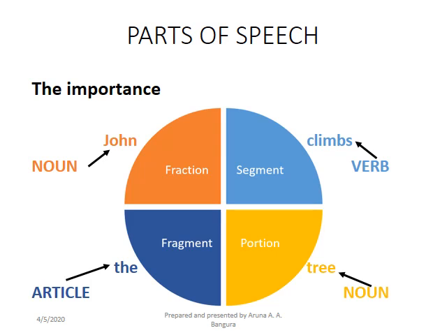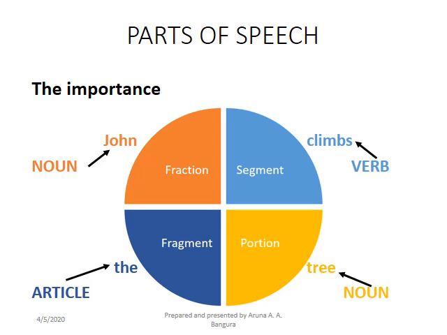Climbs comes from the verb category. The is an article, and then tree also comes from noun. So you find out that noun, verb, article, and noun are all parts of speech, but of course the main parts of speech are eight. And article is something we'll talk about in a different fashion.